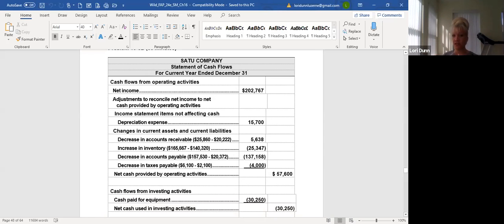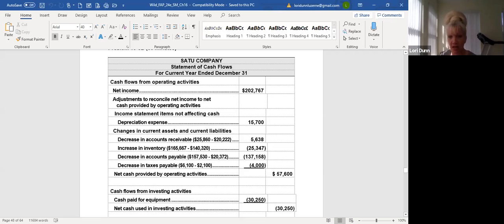So the only investing activity was that purchase. So overall, the net cash used in investing activities, $30,250.